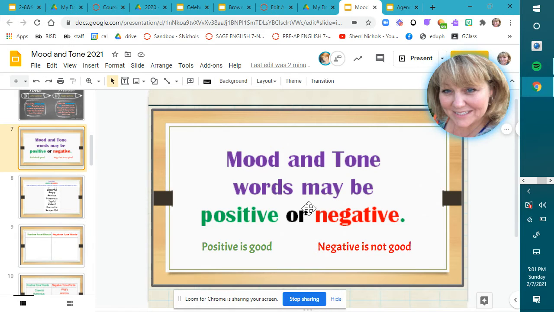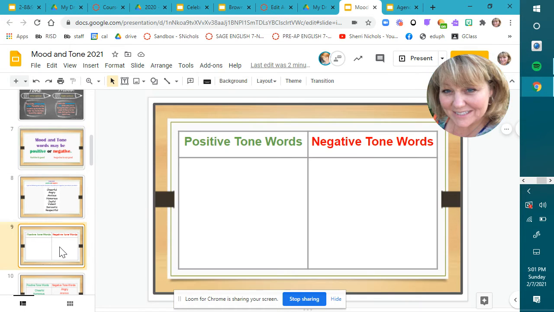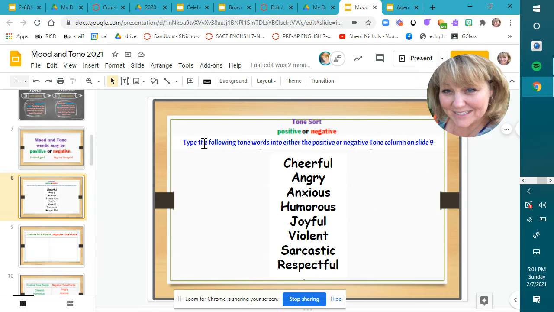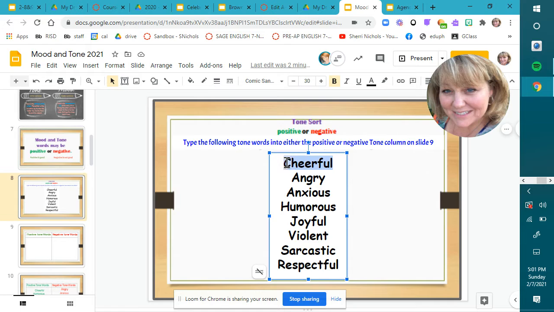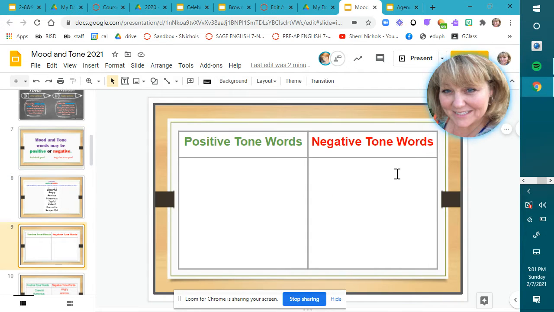Now, mood and tone words may be positive or negative. Positive, of course, is good. Negative is not good. And so type the following tone words into either positive or negative tone column on slide 9. So looking at these words, the word cheerful, would cheerful be positive or negative?